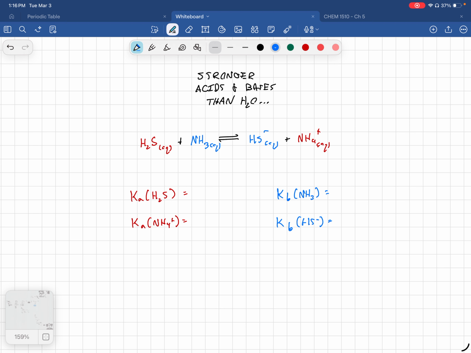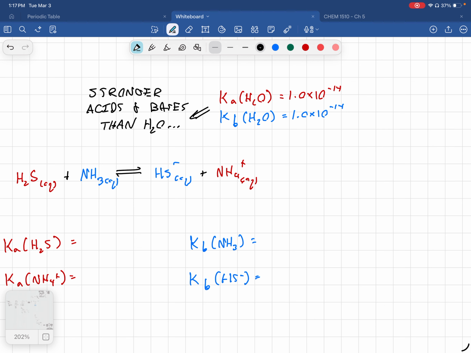But all of these will have Ka and Kb values higher than that of water, okay? Because it turns out the Ka for water, as we're going to see, is 1.0 times 10 to the negative 14th. And the Kb for water, so remember, that's just water reacting with water, is also 1.0 times 10 to the negative 14th.